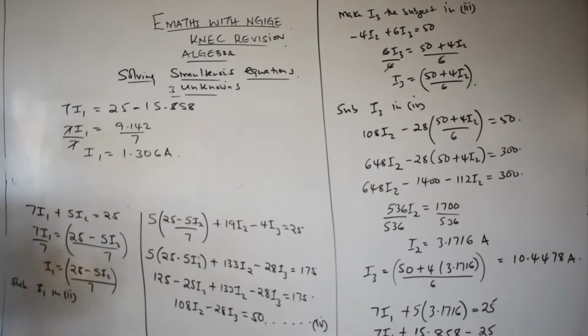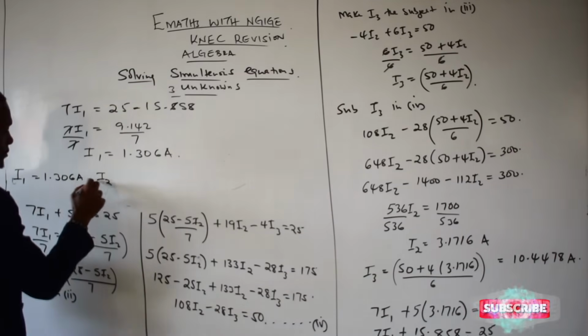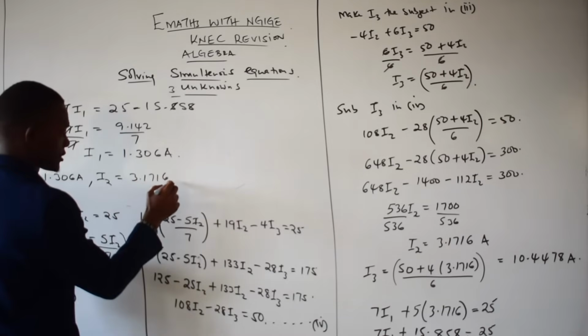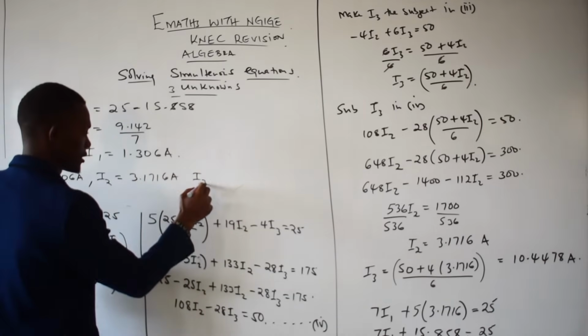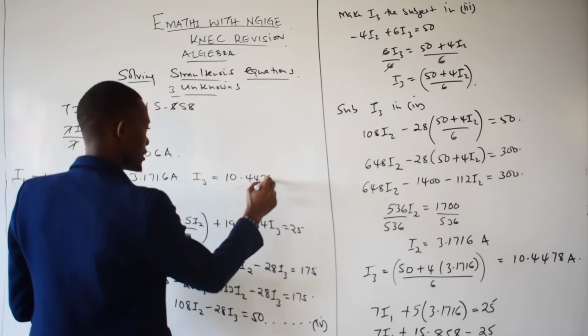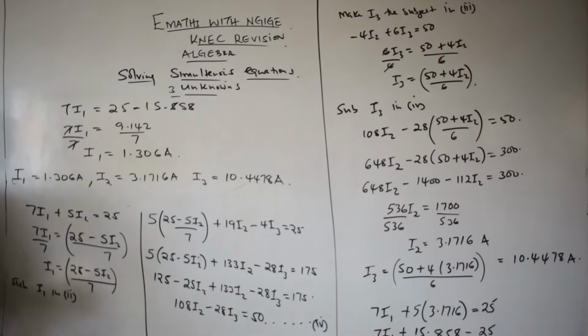So therefore, our values for I1, I2 and I3 are now given. So you can just write them down. I1 is 1.306 amperes. I2 is 3.1716 amperes. Then I3 we shall have 10.4478. And that is how you finish up the question using substitution method.